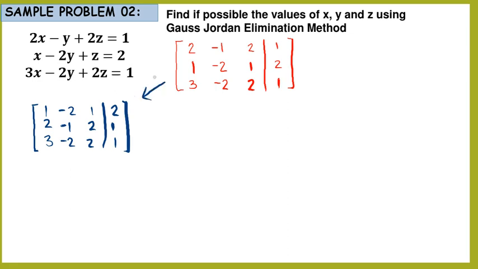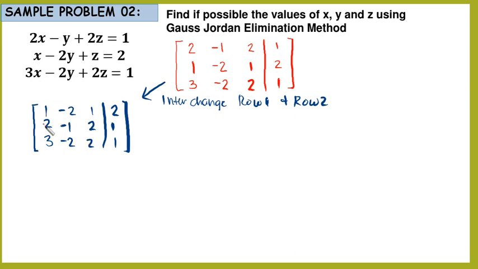So, unang ginawa natin, we interchange row 1 and row 2. So, this would now be the result. So, next, we make this element 1.